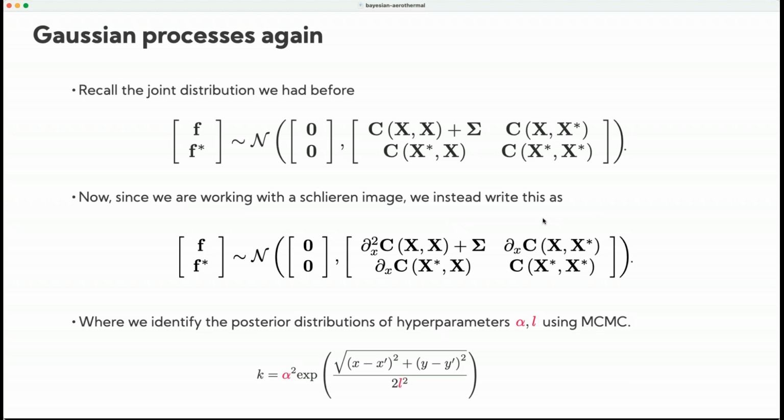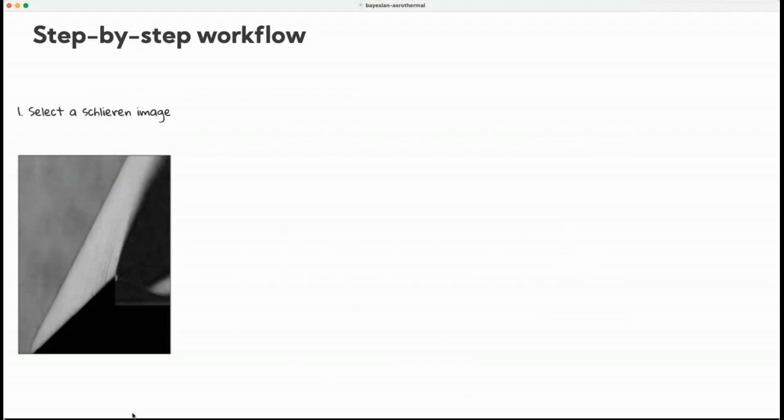This is also known as derivative enhanced Kriging, or derivative or gradient enhanced Gaussian process models. So this is a well-known idea within the Gaussian process literature. But the only change we're making is that we're using this on Schlieren as opposed to just pressure values.